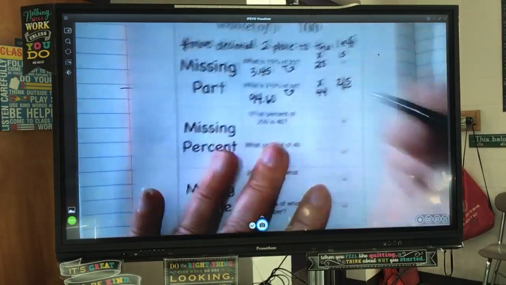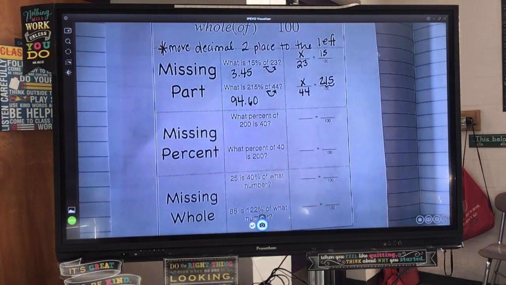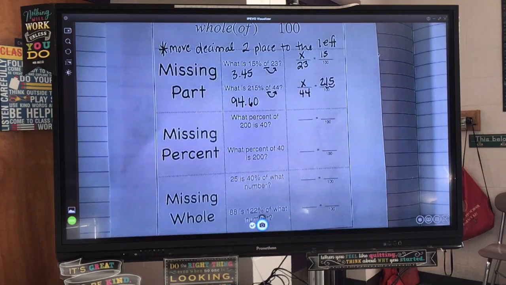Now, let's have a conversation about our 2 answers. 15%. Is that a huge percent or is that kind of a small percent? So how many of you guys think 15% is pretty big? Okay, so the majority of us agree that it's a fairly small percent.